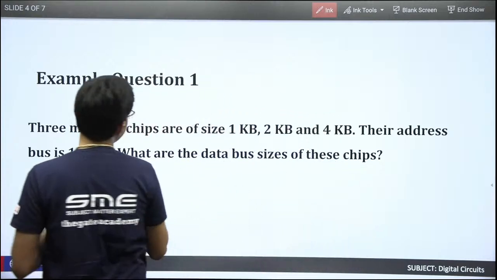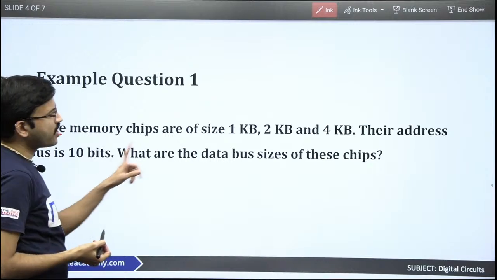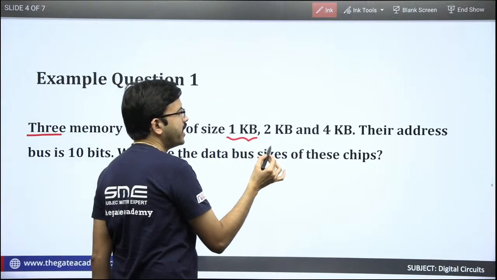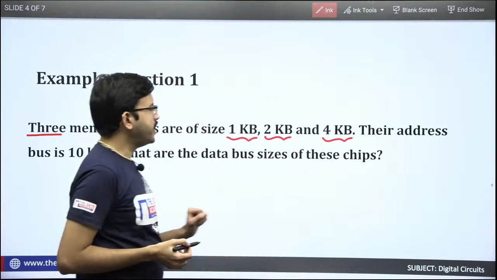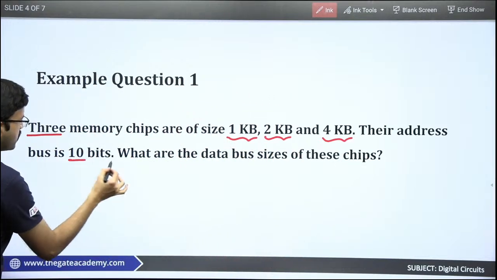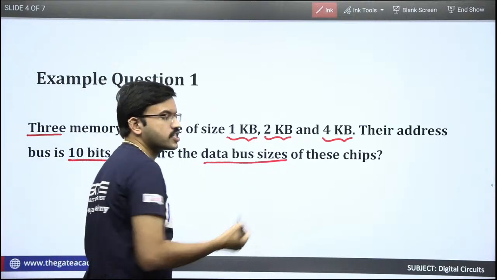This is the example question. Here you have 3 memory chips of size 1 kilobyte, 2 kilobyte and 4 kilobyte. Their address bus is 10 bits. What are the data bus sizes of these chips?